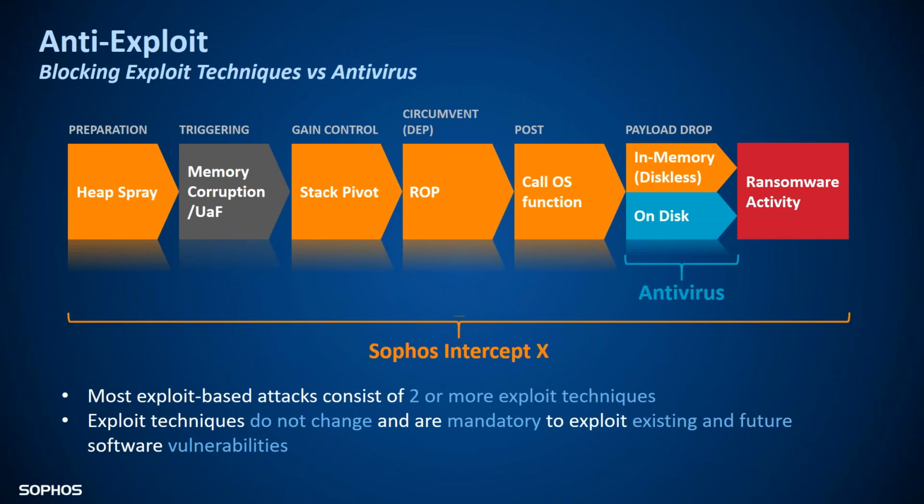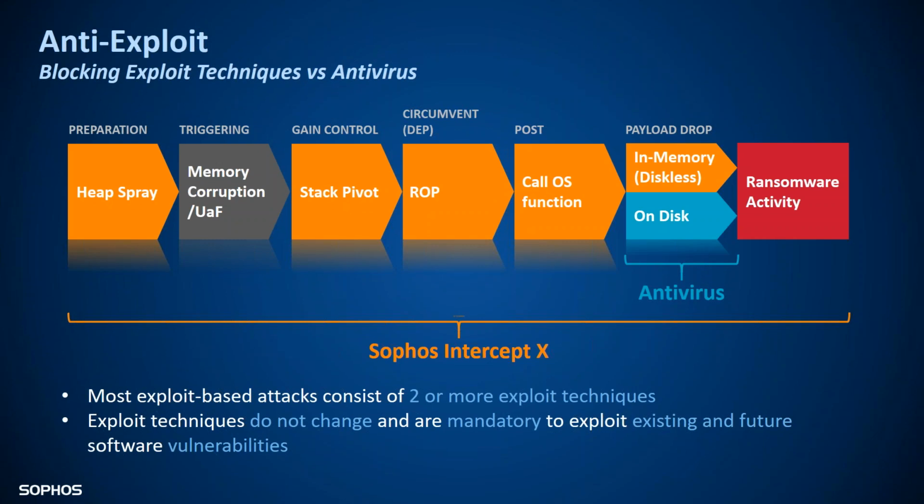As an example here, you can see in the preparation stage, the triggering, the control stage, a number of different techniques being used. Our anti-exploit technology, which is in endpoint exploit prevention, and in fact is also in our Intercept X product, which is why it's listed out here for you, will protect you against those techniques being used.